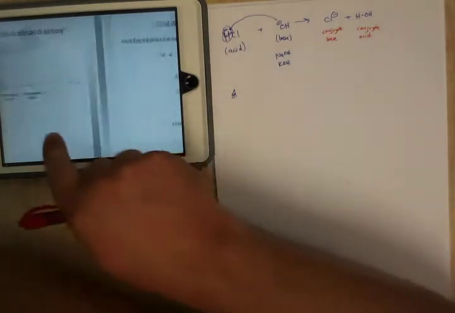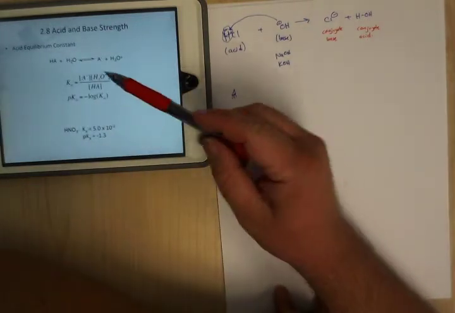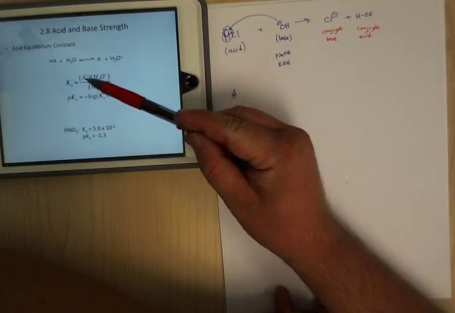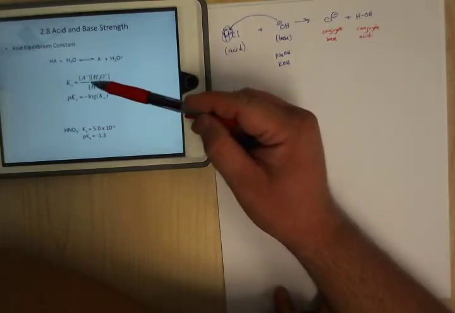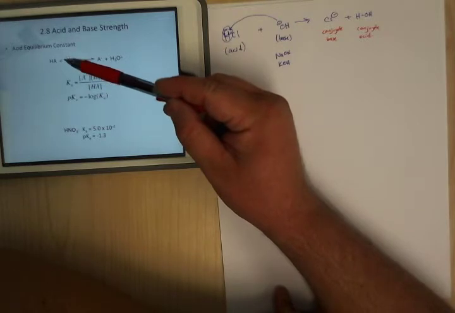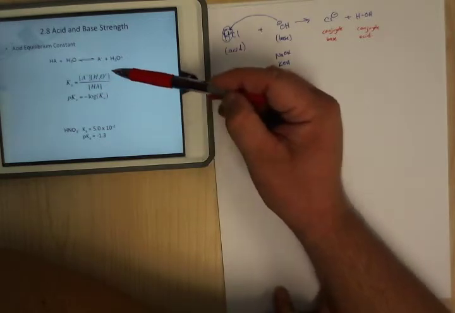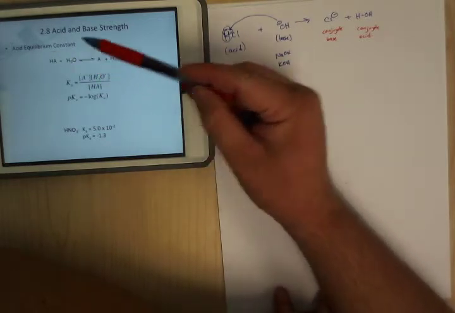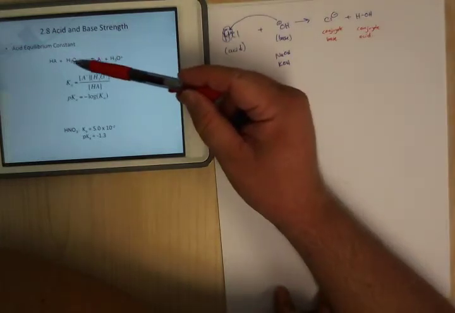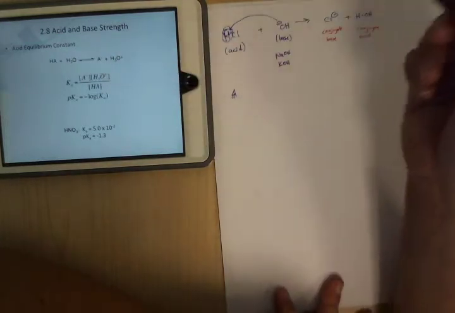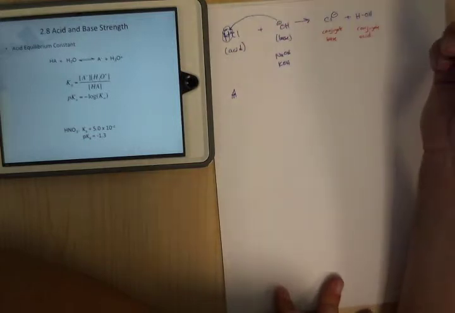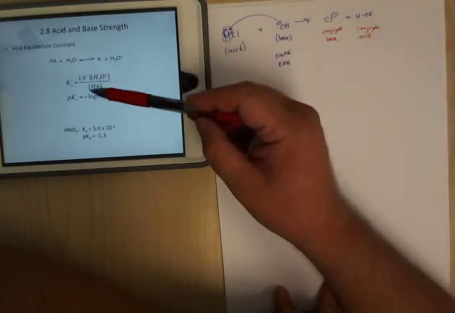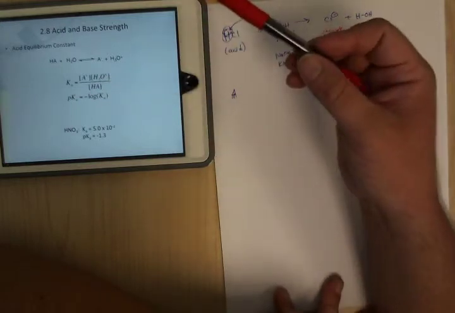You can do this with equilibrium constants, so you have products over reactants. Why isn't water in here? The coefficients are actually the exponents, but everything's 1, so you don't have to worry about that. Back from general chemistry, water is a pure liquid. We don't include pure liquids or pure solids in here because the concentration is fixed.